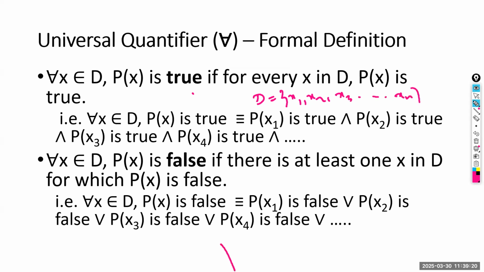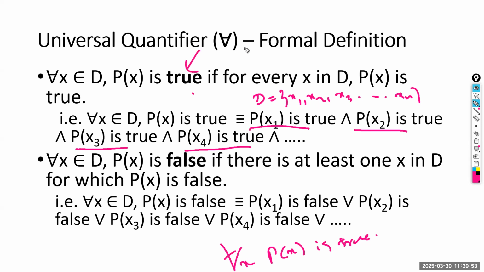Then we can say that for all x, Px is true if Px1 is true and Px2 is true and Px3 is true and so on until Pxn is true. That means for all x, Px is true if it is true for each and every possible value. And if it is false for at least one value, your statement is not valid.